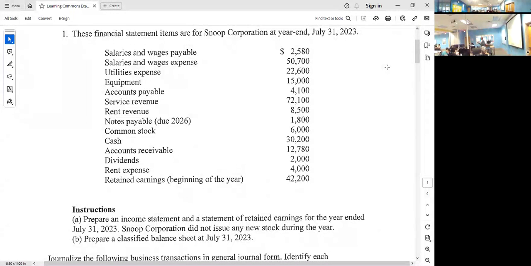That's the only place you're gonna see dividends, in the retained earnings statement, not any other place. Now, remember, dividends is not an expense. They could ask you that question. Net income, or net loss if it's a net loss, also goes in. I'm gonna put the solution up for you right quick. I know some of you have already done it.